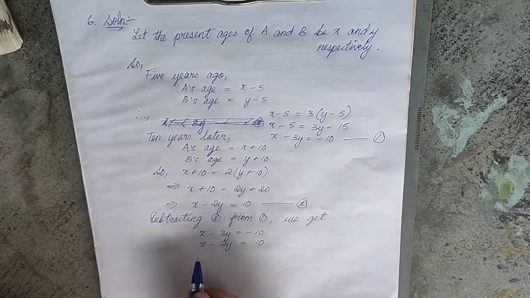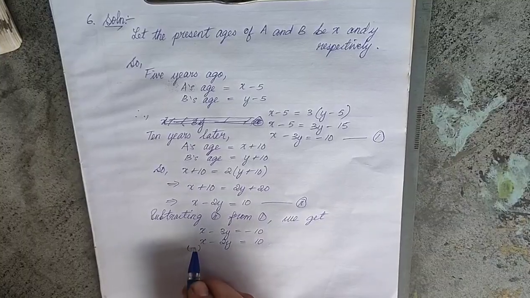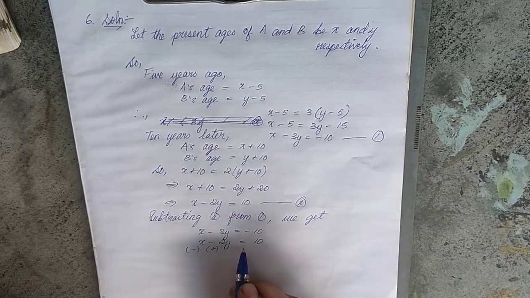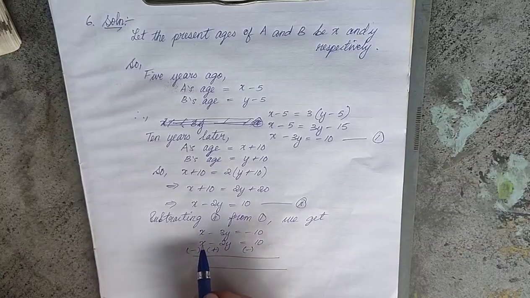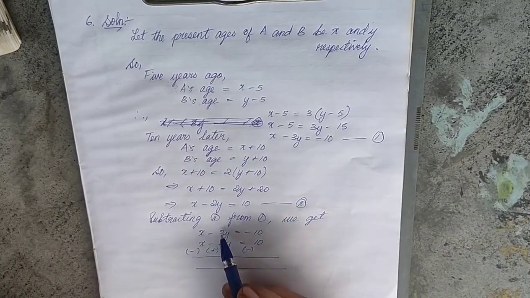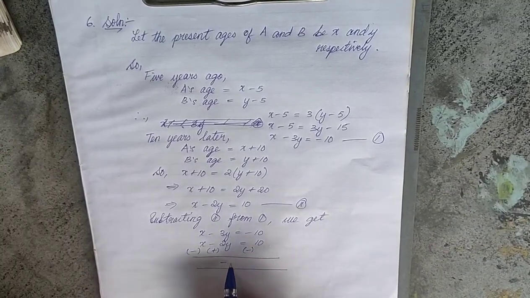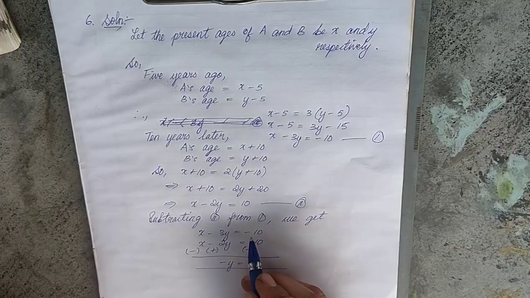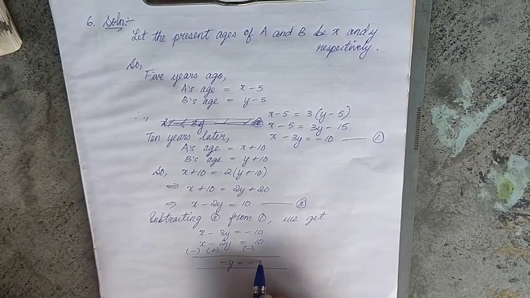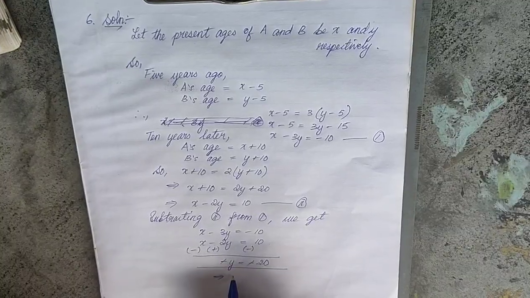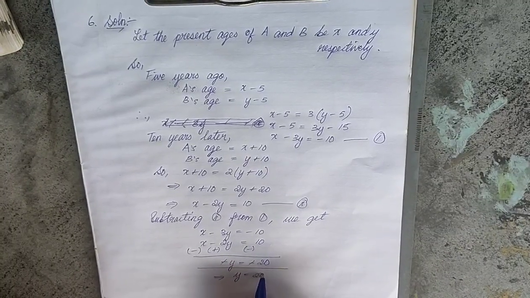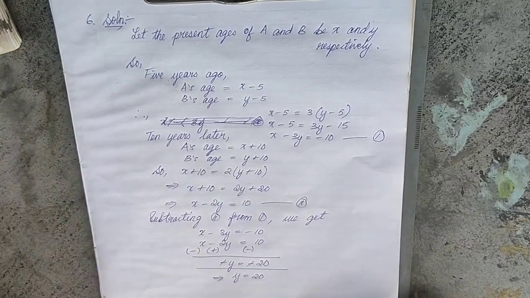Subtracting, x minus x is 0, minus 3y plus 2y is minus y, and minus 10 minus 20 is minus 30. So y is 20.